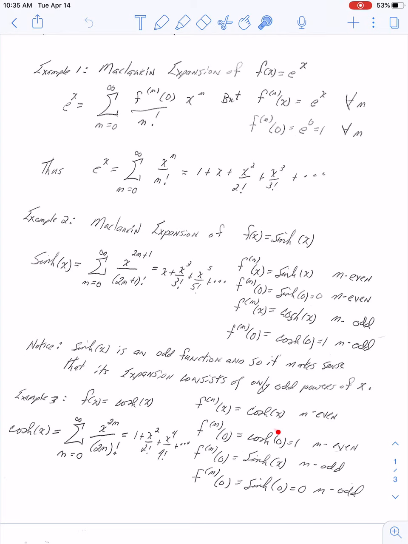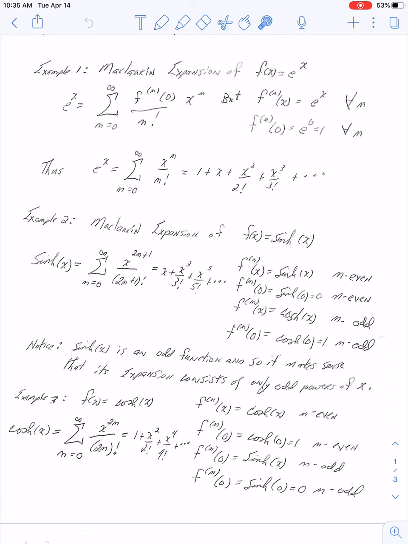But when I plug in 0 for cosh, just like above, I get 1. When I plug in 0 for sinh, I get 0. But now what does it mean? All the odd powers go away because their coefficient is 0. And the even powers are the only ones that are picked out, in which case f upper n has a value of 1. All right, so how can I write that?